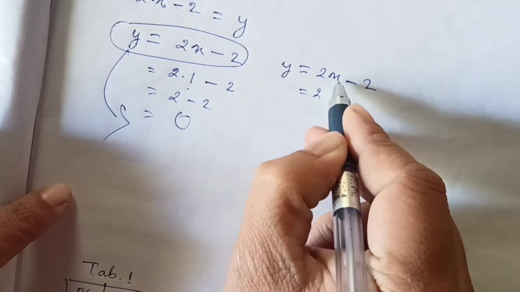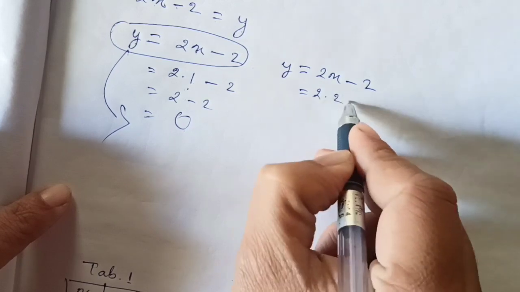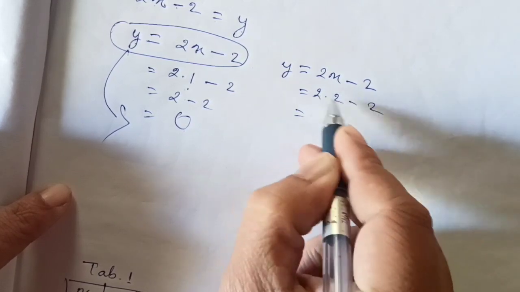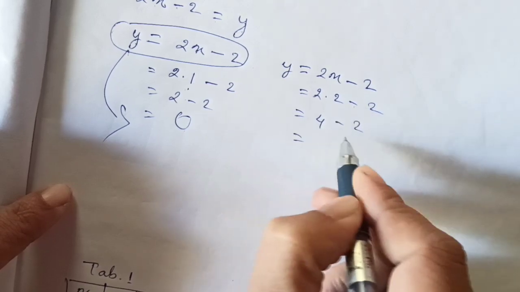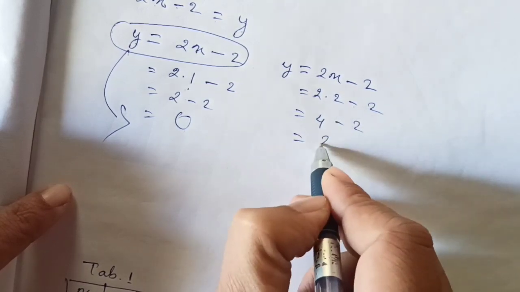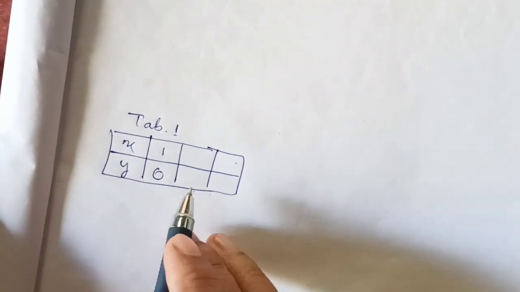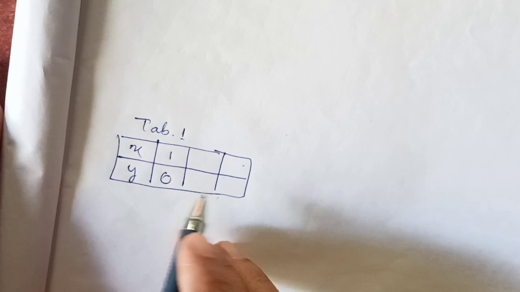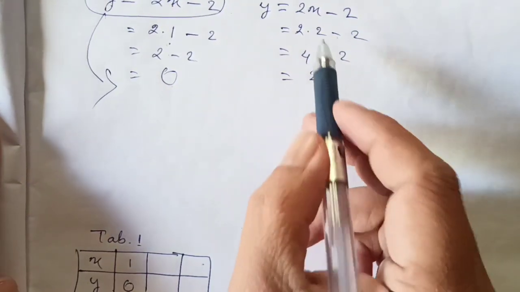Now instead of 1, let me put 2. Then 2 twos are 4, then minus 2. You know that 4 minus 2 is 2. So how do we fill it in the tabulation?